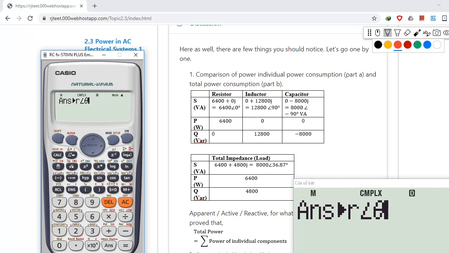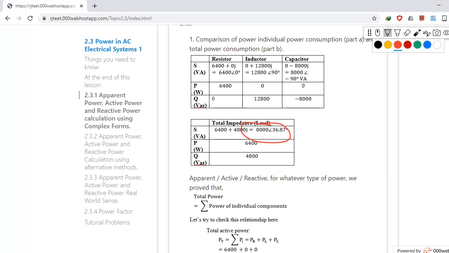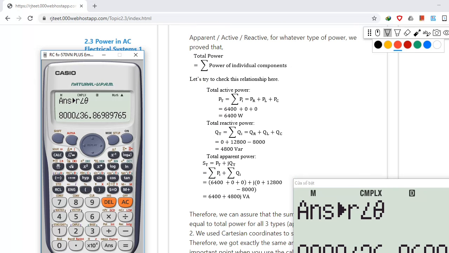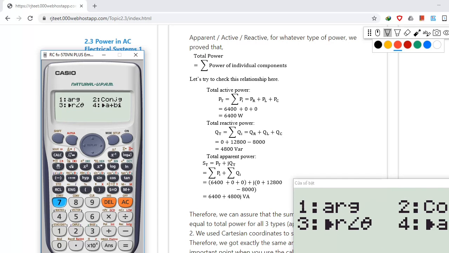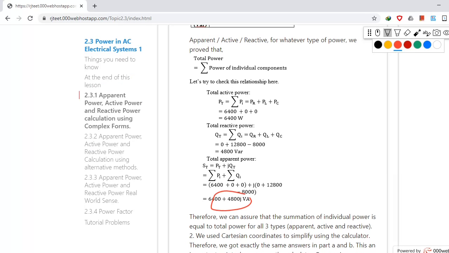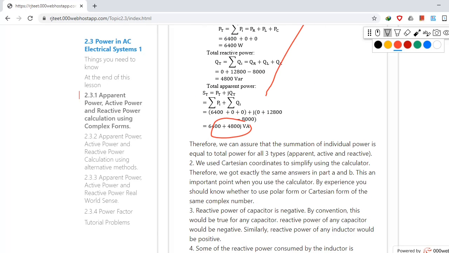And if I convert this to this form, you get the same apparent power here, right? So it's the same apparent power. Or in the Cartesian form, it's the same. So in either way, the same number in Cartesian form is going to be here, right?